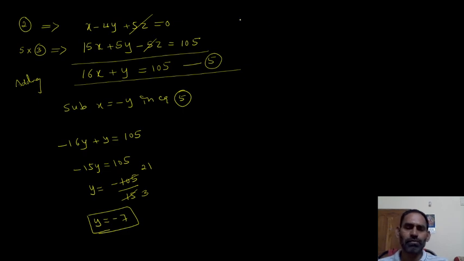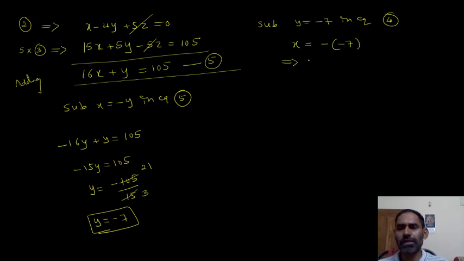So substitute y equal to minus 7 in equation number 4. What is equation number 4? x equal to minus y. What is y? We have minus 7. That implies x equals to 7.